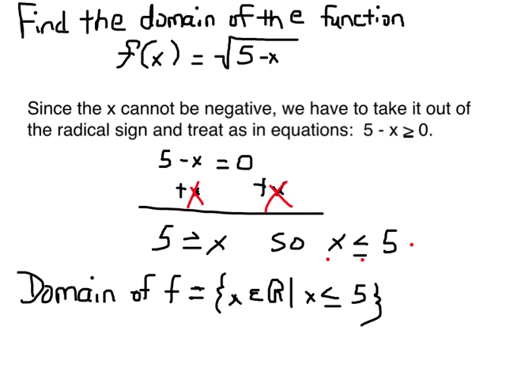Now, function notation, this is how we would set this up. X is the domain and y is the range. So this is an x problem, so we're dealing with domain, and we're going to write it like this.